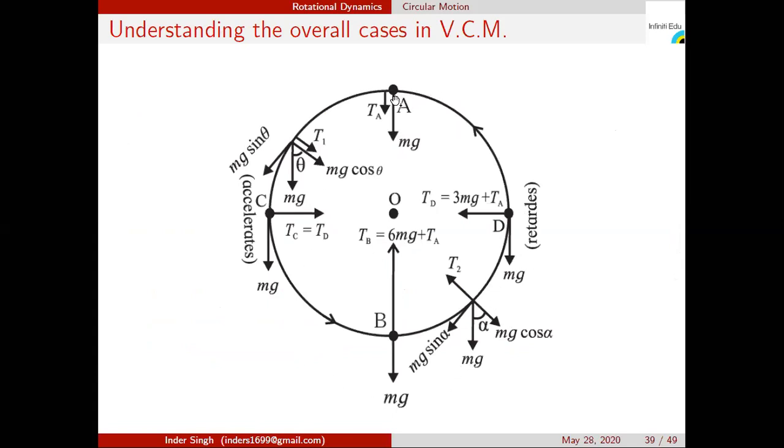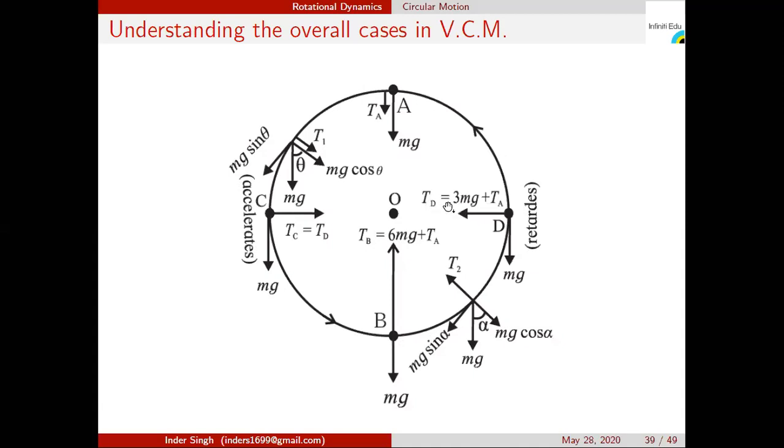We will understand why TA has a lesser value at position A, why TB, the tension, is highest at this position, why TB is written as 6 mg plus TA, and at position D and position C the tensions are equal because they are midway positions. But C is called the accelerated position because the velocity is increasing, and position D is written as retarded. Why? Because the velocity is decreasing from B to D then A.